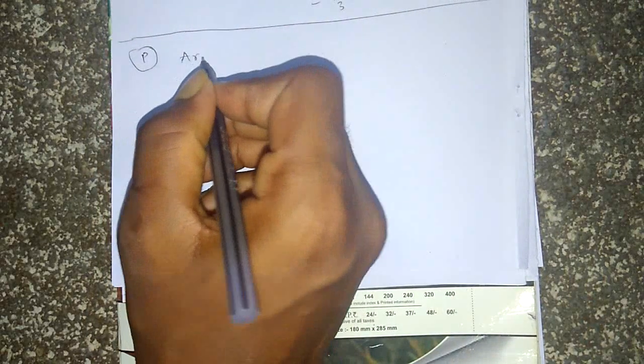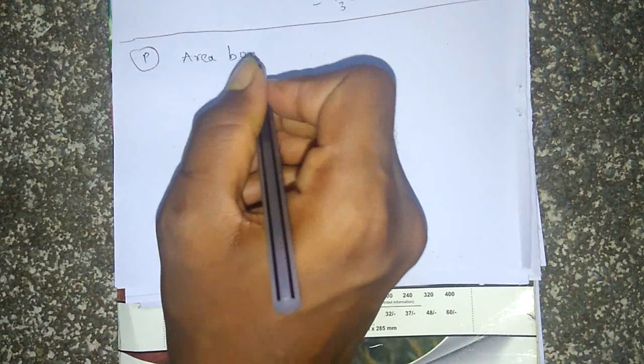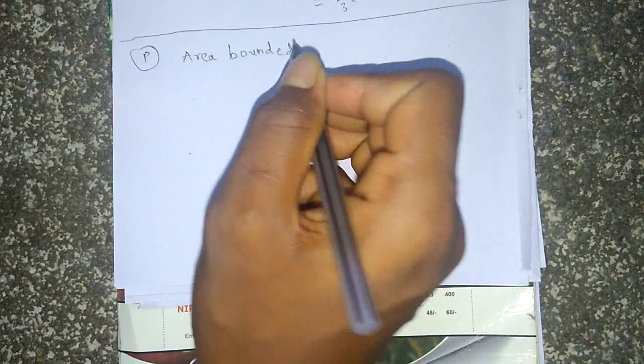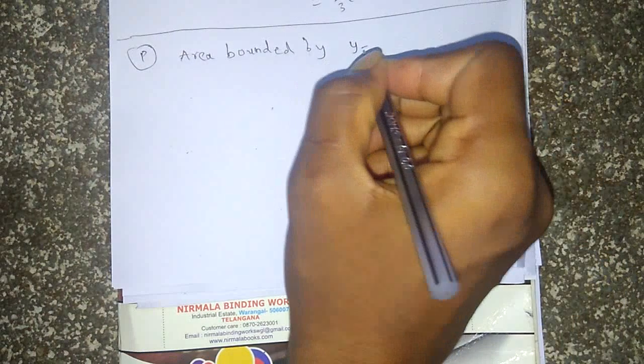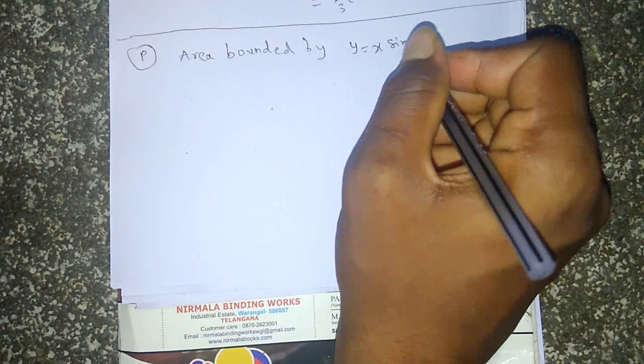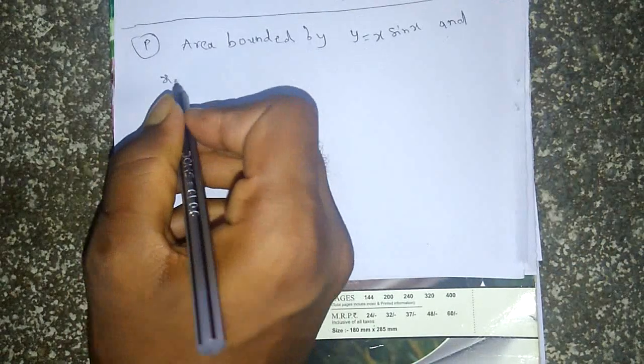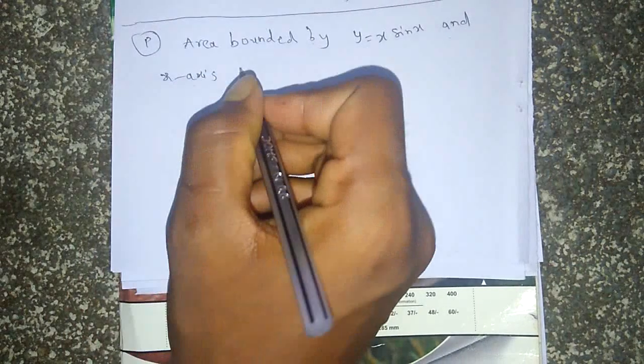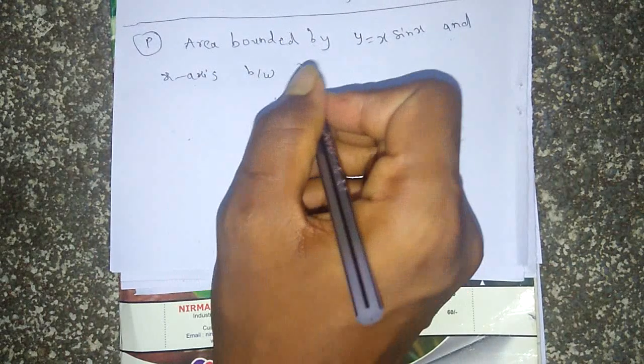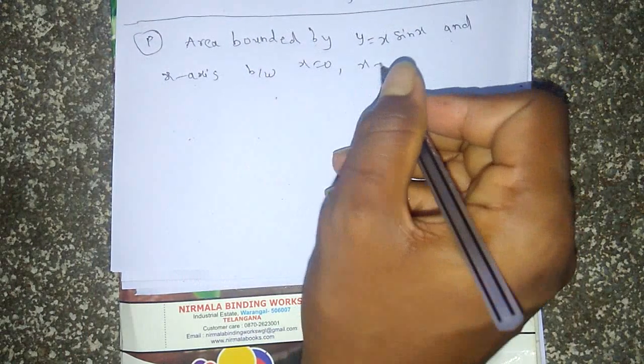Next problem is the area bounded by y = x sin x and the x-axis between x = 0 and x = 2π.